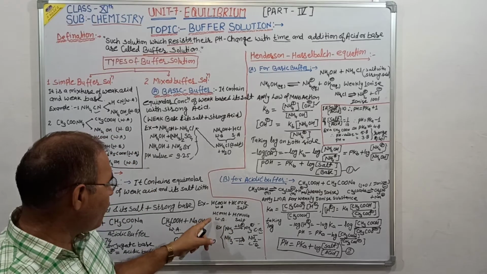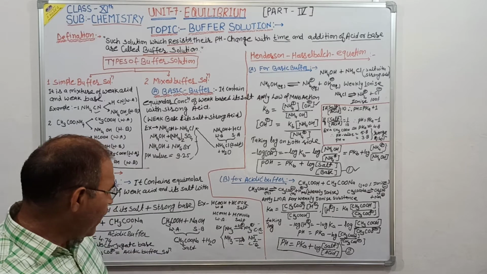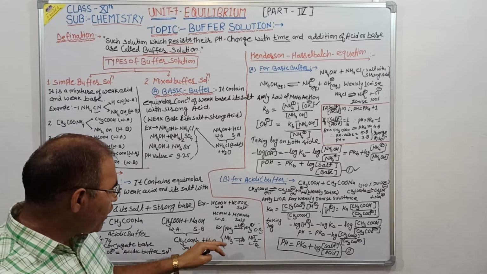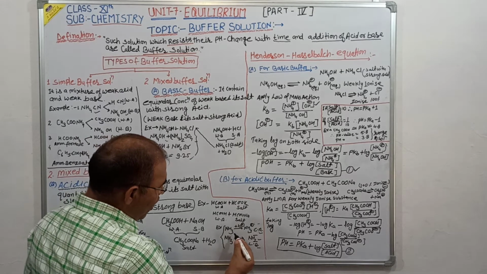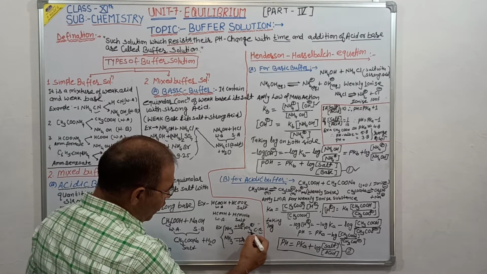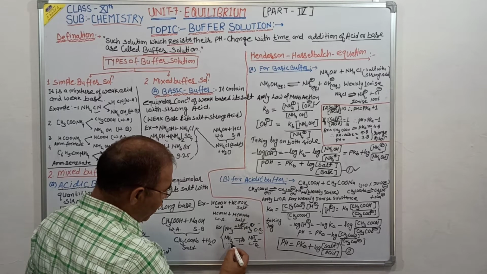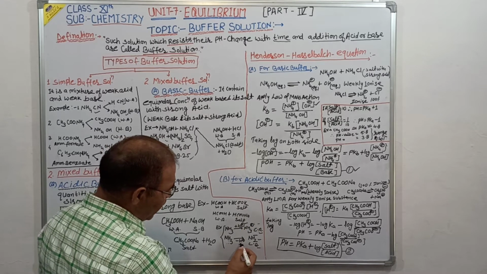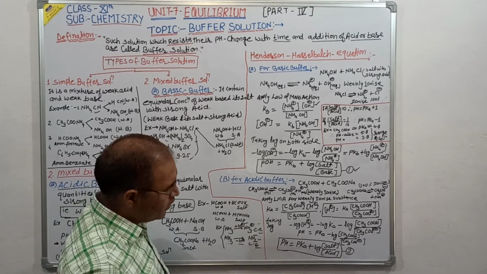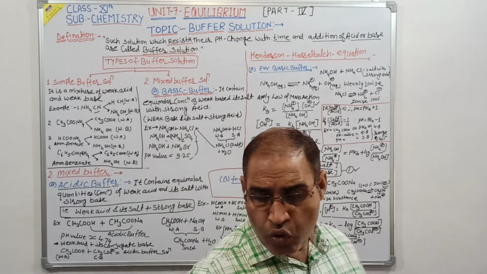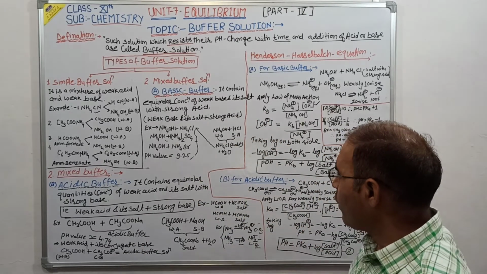Now, the conjugate acid-base pair: ammonia forms ammonium as its conjugate acid by addition of an H plus ion, and ammonia minus H plus gives NH2 minus ion, its conjugate base. So here are the basic buffer solution and the acidic buffer solution.